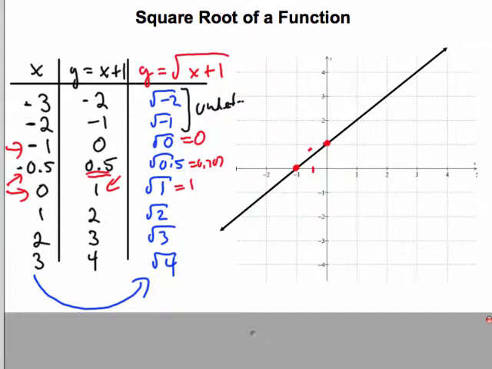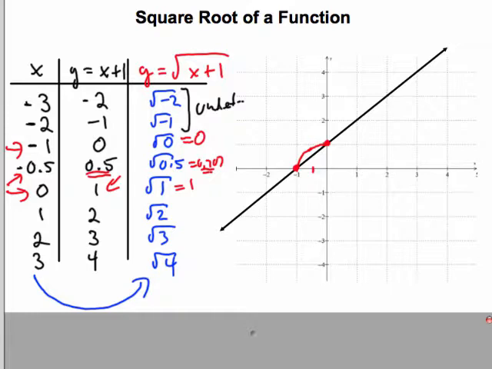So what I'm noticing is that the y value on the new graph is a little bit larger than the y value on the original graph. And that would be true for any values of y that are between 0 and 1. So my graph is actually going to go like that on that interval.